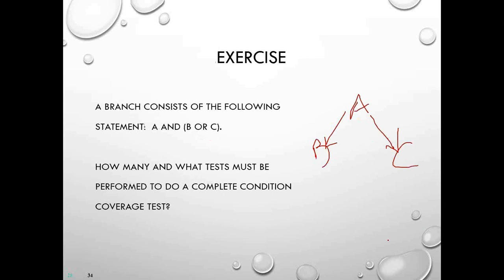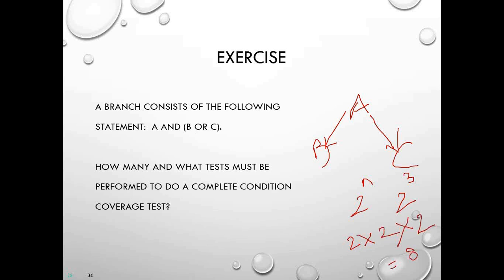So always try to calculate it in this way, okay? 2 to the power n, and n is 3. That means 2, 2, 2. 2 to the 4, 4 to the 8.